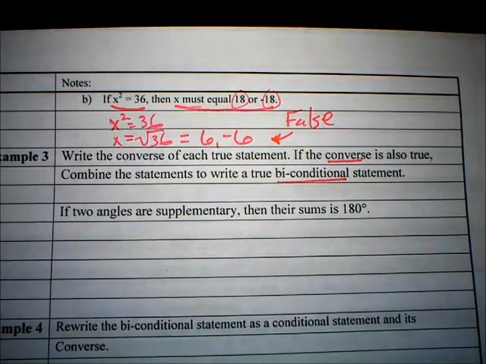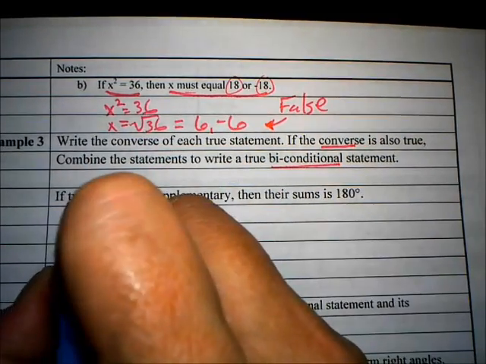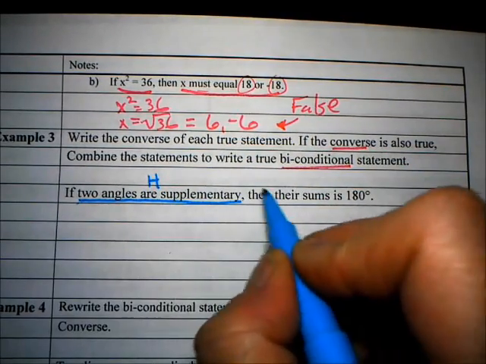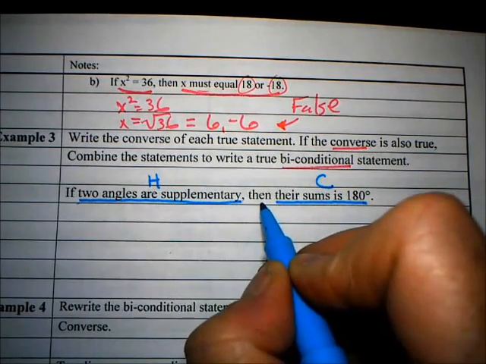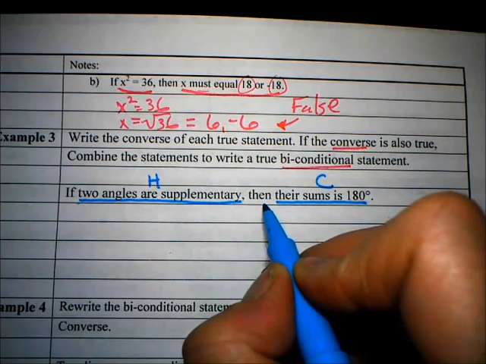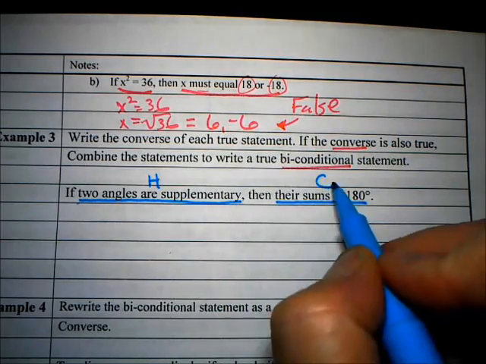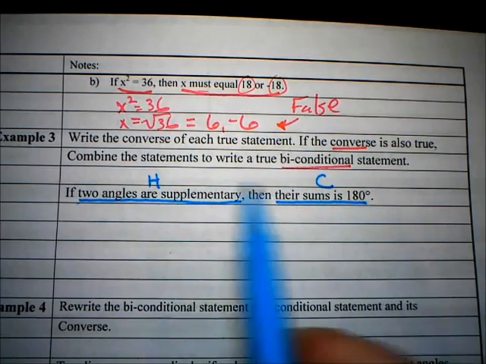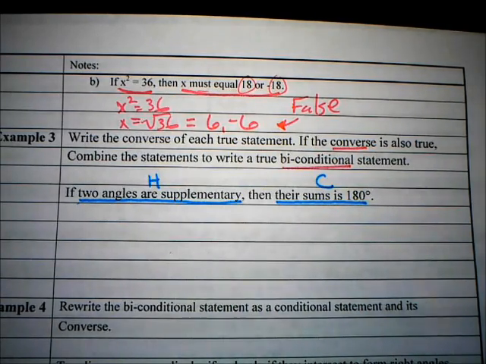Okay, so if I'm looking at my problem, let me get my light blue. If two angles are supplementary, this is my hypothesis, then starts my conclusion. Realize it does not include the then; after the then is their conclusion: their sum is 180. So the converse means I need to flip these, switch the order.